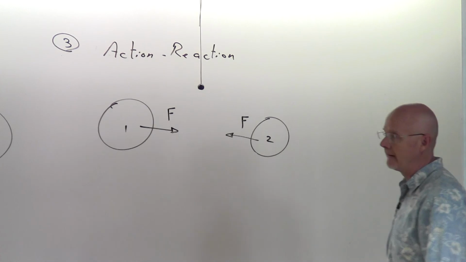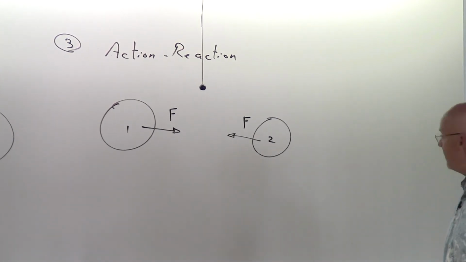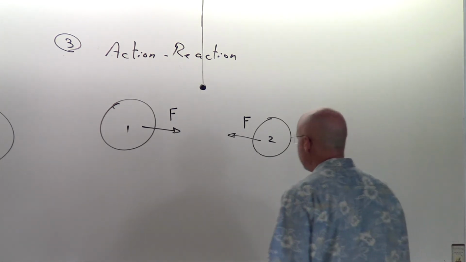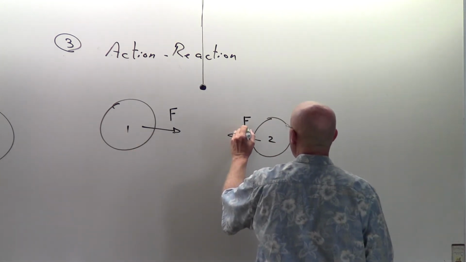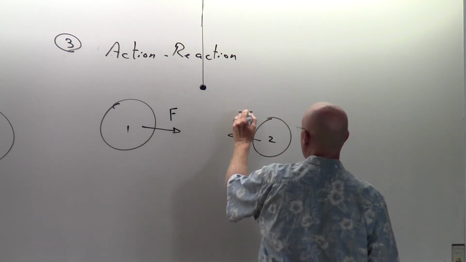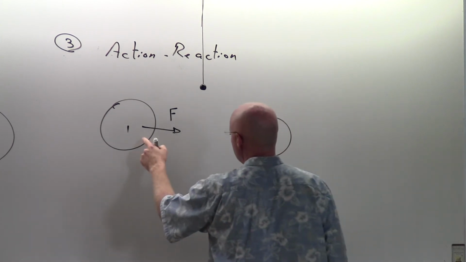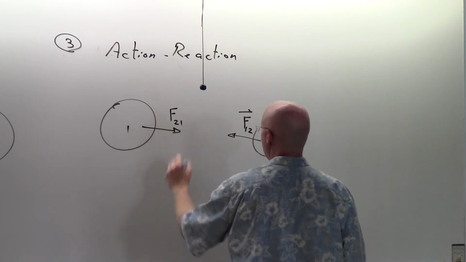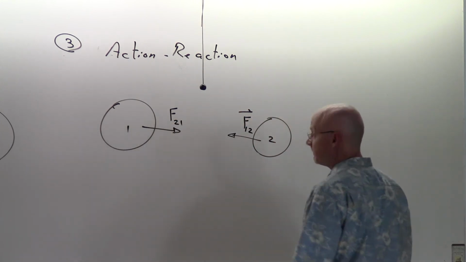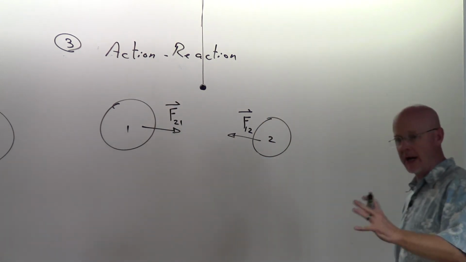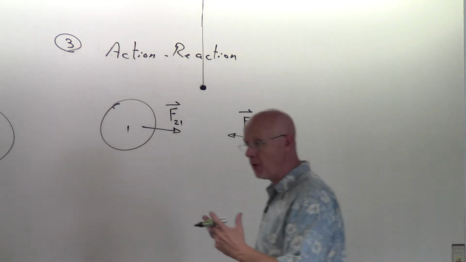And how much? Yeah, they're equal. And so we'll label it this way, that this will be the force from number 1 on number 2. And it'll be a vector, it has a direction. And this over here, we'll say this is the force from number 2 on number 1. Keeping track of our prepositions is important.